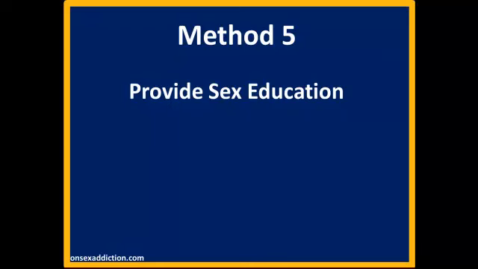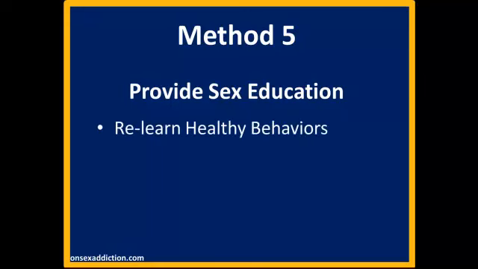Method 5 is to provide sexual education. Everyone is supposed to receive sex education at some point in their school lives. Many sex addicts are likely to have either forgotten this entirely, ignored what they have learned, or what they learned was incorrect to begin with. So they need to relearn these healthy, normal sexual behaviors. Bringing the message of sexual education to them in a way that's best suited for them is imperative to help them overcome their behaviors.